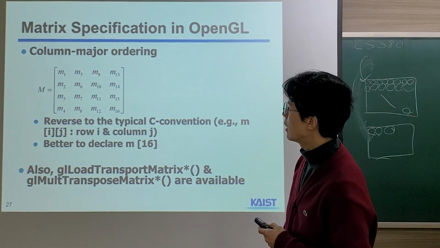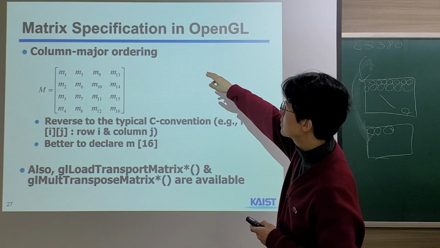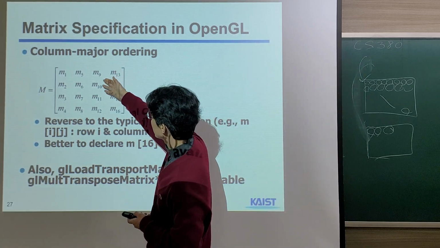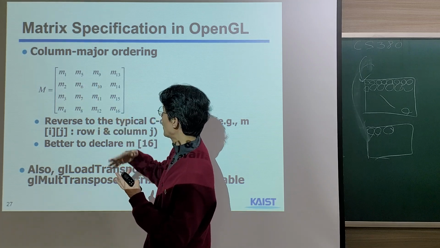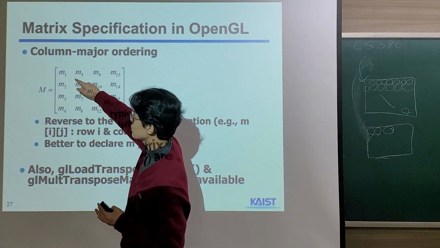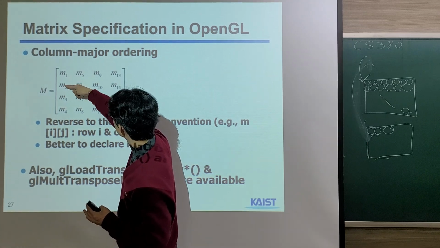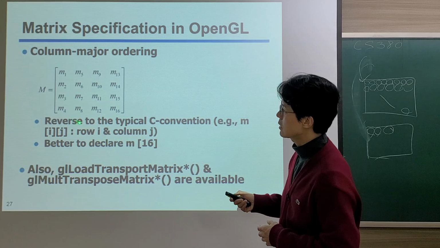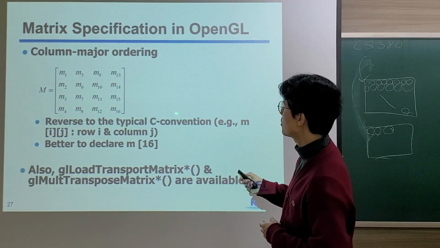When you are using matrices in OpenGL, typically we are using column-major ordering. So when you specify the 16 values, basically it is column-major: M1, M2, M3, M4. This is the reverse of the typical C convention.